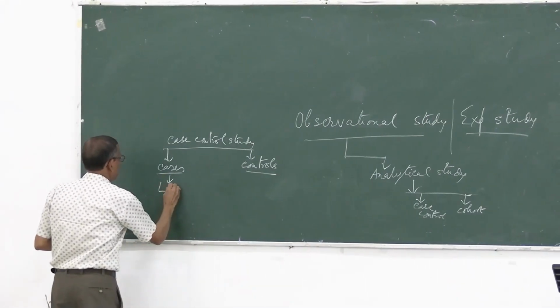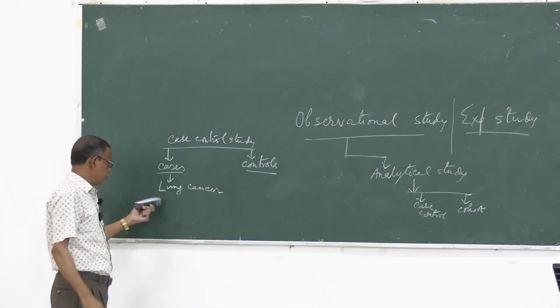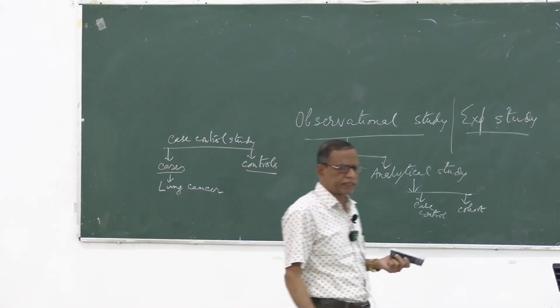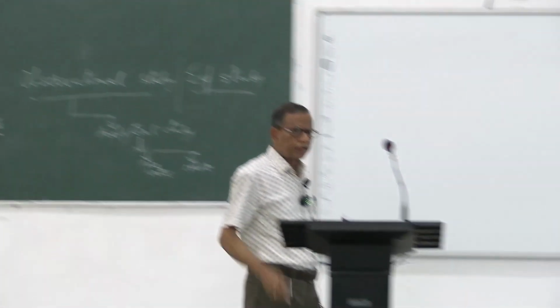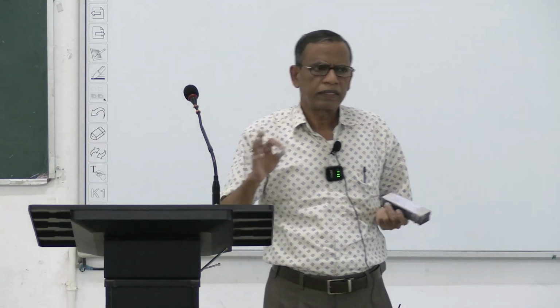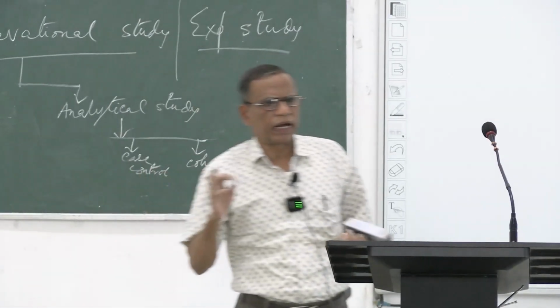persons who are suffering from lung cancer. How will you define that this person is suffering from lung cancer? There may be malignant cells in the sputum, or there may be important radiological findings in favor of lung cancer, and we will exclude the advanced or old lung cancer cases.